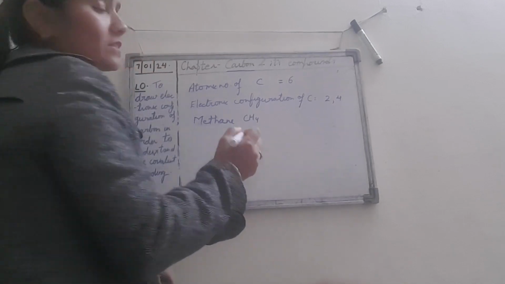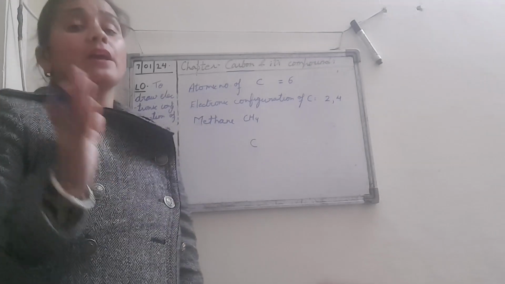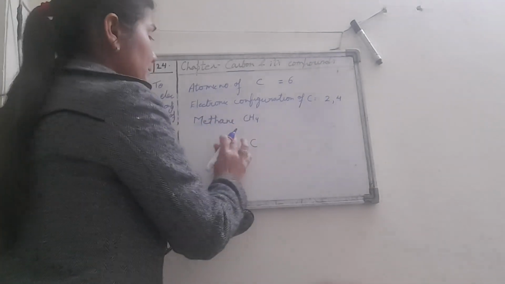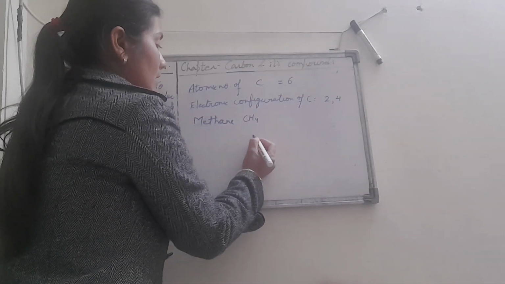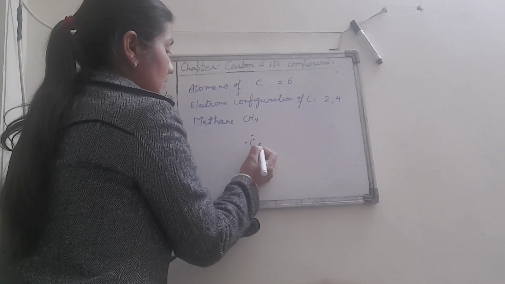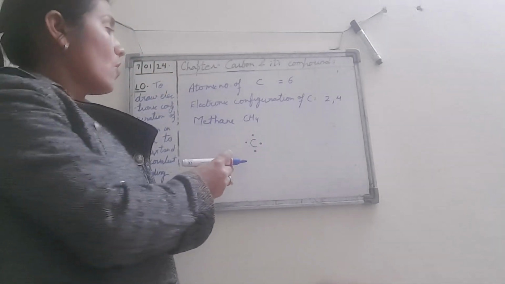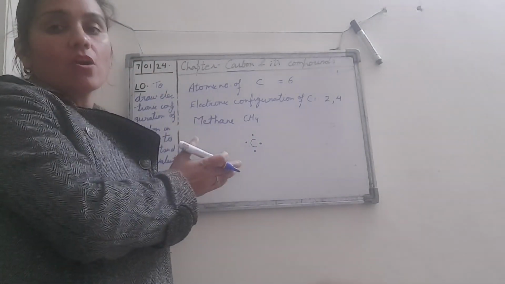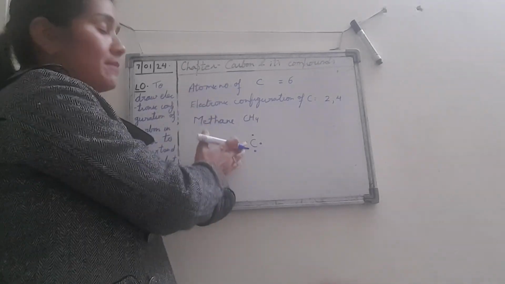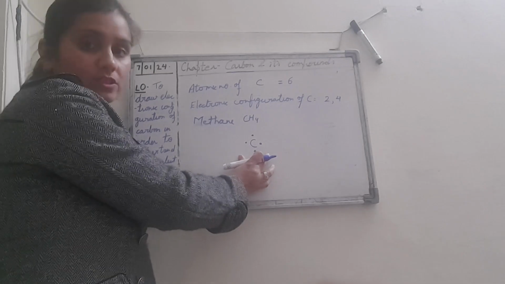The electron dot structure. What is the electron dot structure? In electron dot structure, we represent the electrons of the valence shell of the element in the form of dots. So this is the electron dot structure of carbon.